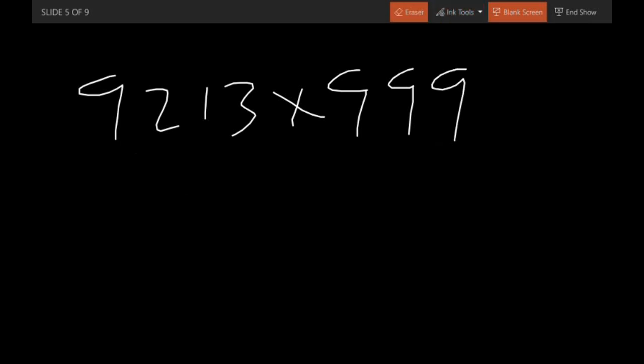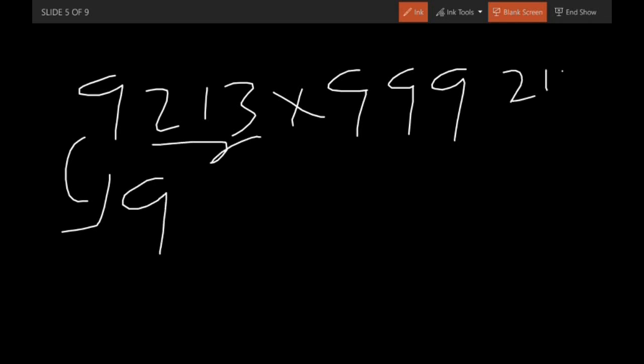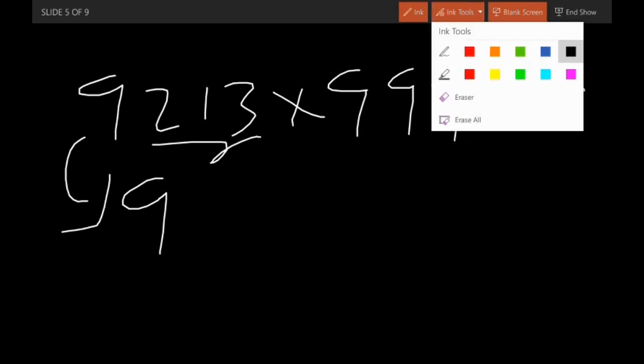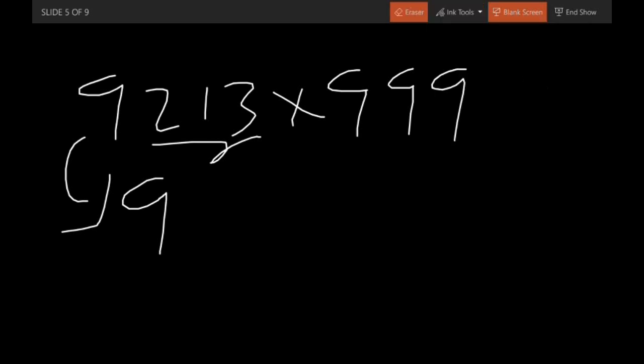Now how are you going to solve this? It's simple. Write the first number as it is, 9, and the remaining numbers should be subtracted by 9 plus 1, first number plus 1, that is 10.